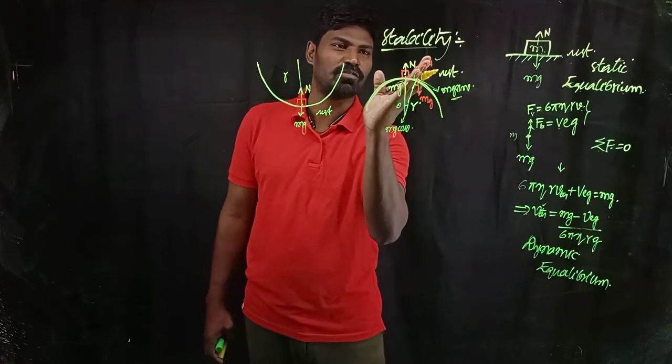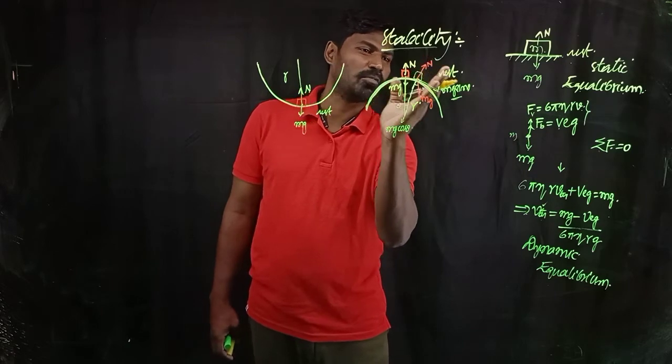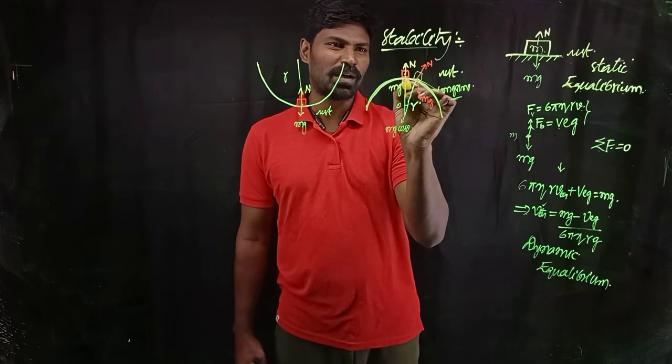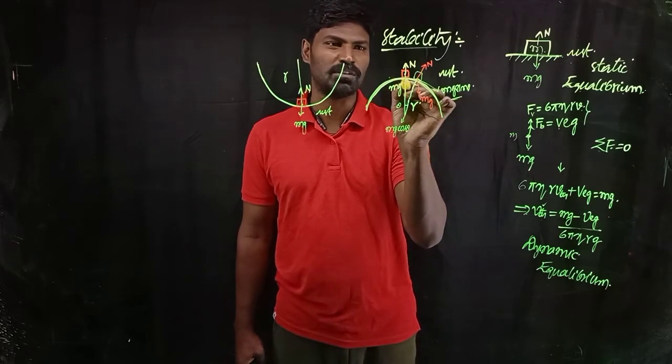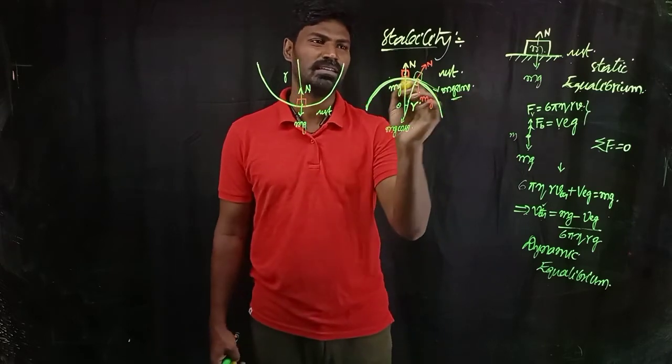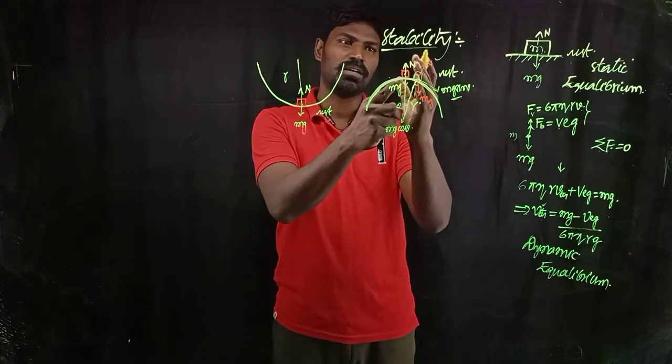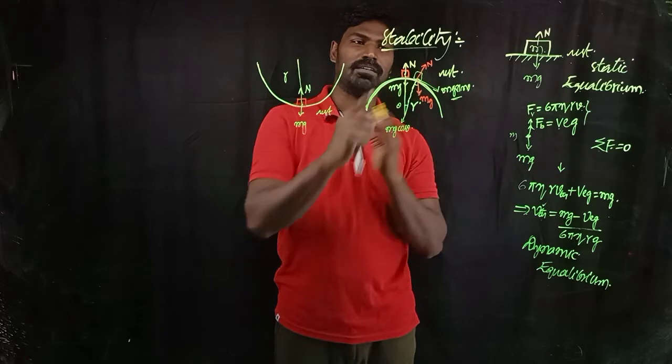Due to this mg sin theta force, what happens? The body will keep on moving away from this point. Whether you displace this particle to the right or to the left from this position, the same thing happens. Due to the mg sin theta force, which is acting away from this point, the body will keep on moving away.